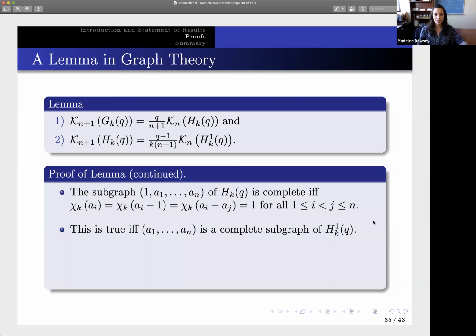Yeah, I feel like I had that thought at one point as well, and then didn't go anywhere with it. I'm not sure if it would be as easy to keep going here, because with 1, you can take neighbors of 1 to be a subgraph of Hk of q, because 1 is a kth power.